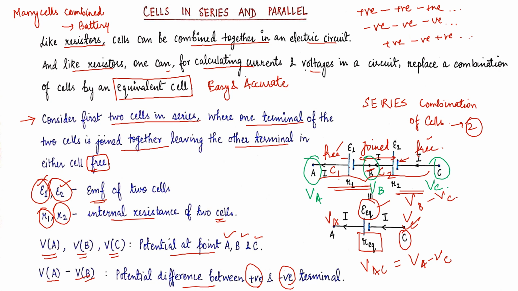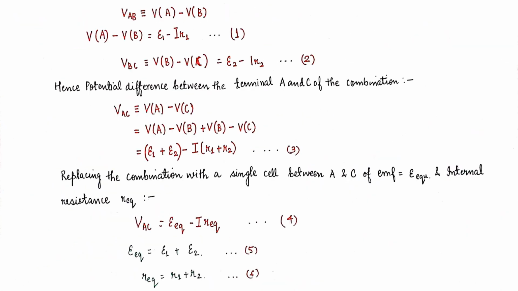Now the potential across this whole cell is given by VA minus VC, which is equivalent to these two potentials added up like this: VA minus VB plus VB minus VC. Potential of this, potential of this. Now this minus and plus will cancel and we will get VA minus VC, which is the potential difference across A and C. We will see this on the next page.